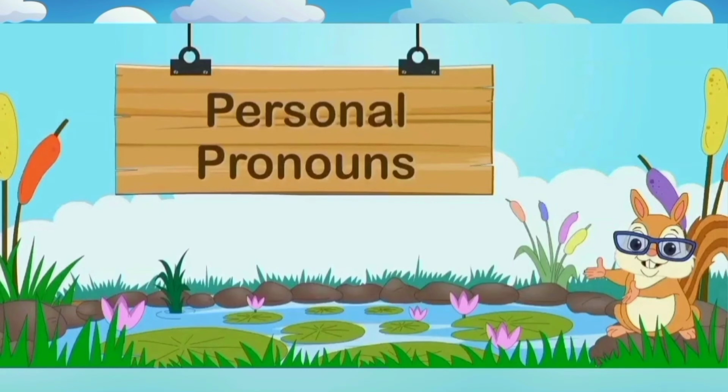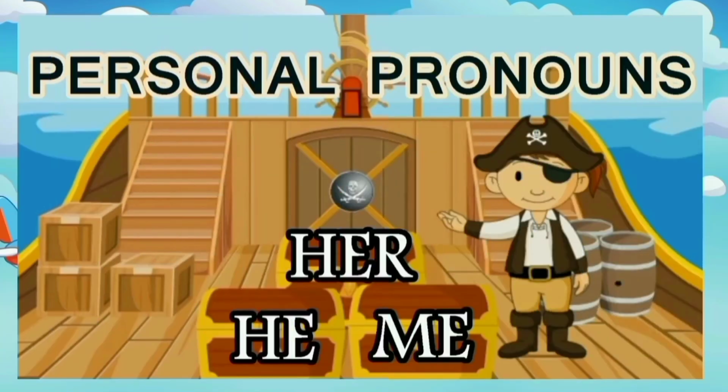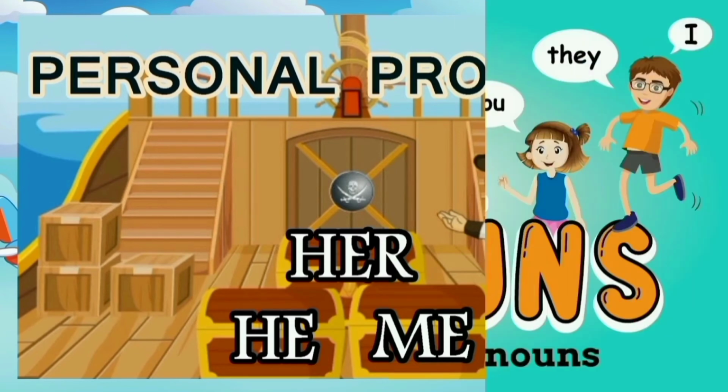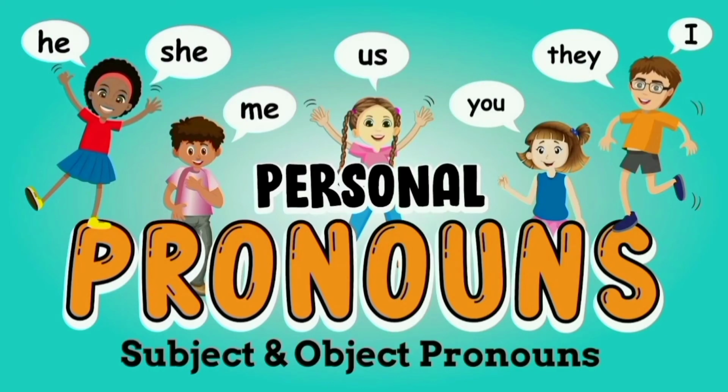A personal pronoun is used as a simple replacement for the proper name of a person. Each of the English personal pronouns shows us the grammatical persons, gender, number, and case of the noun it replaces.